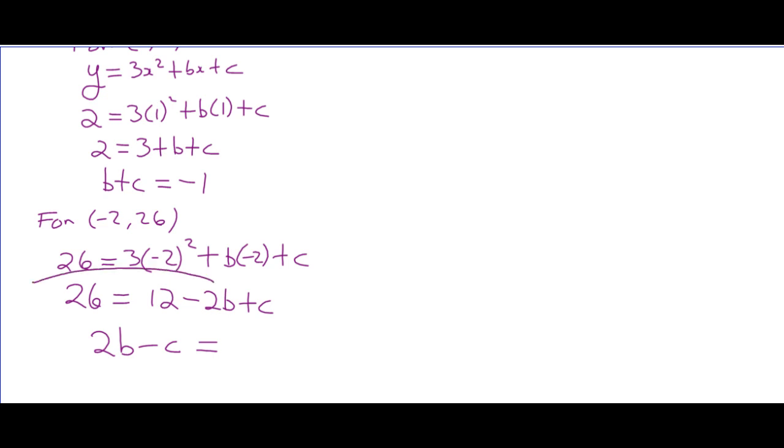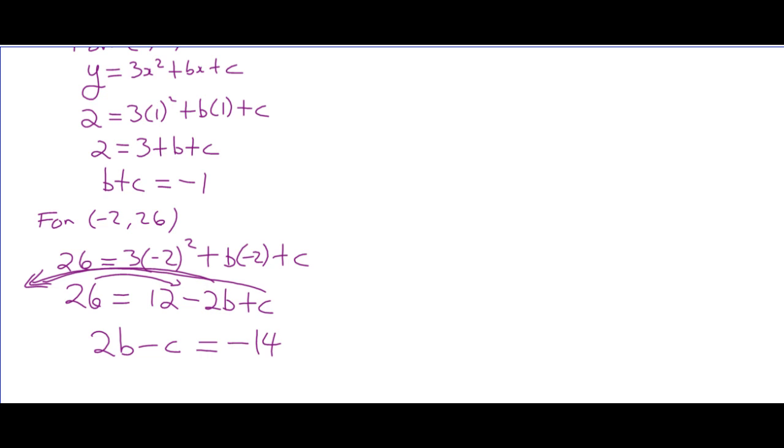We're moving this over here, it becomes positive 2b. We move this over here, it becomes minus c. We move this over here, where it becomes minus 26. 12 minus 26 is negative 14. Everybody good with that? A lot going on, with stuff switching sides.